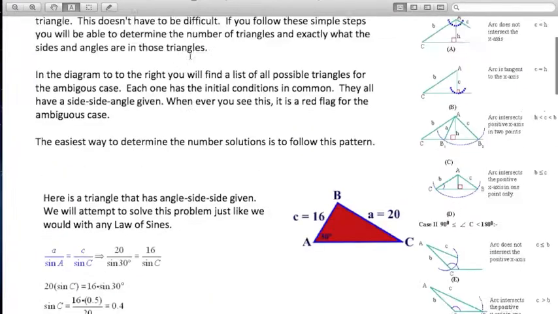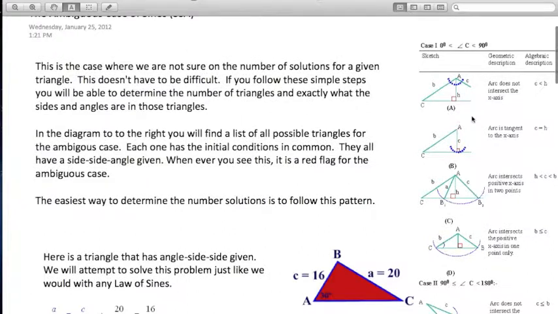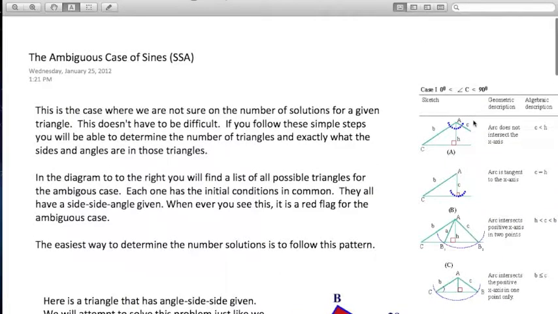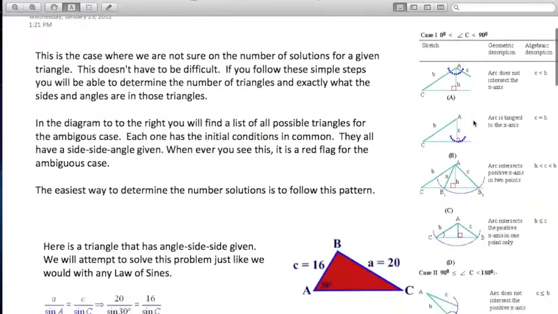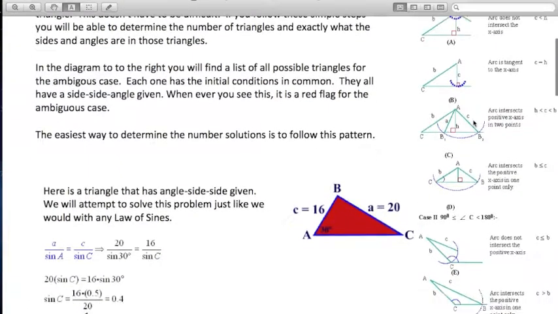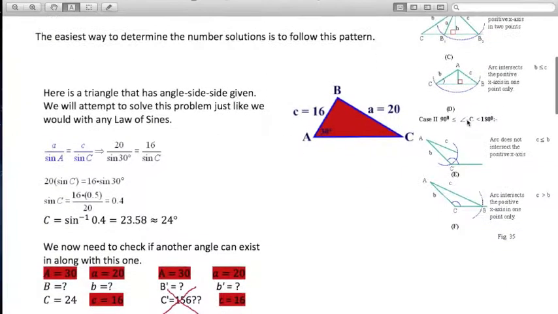Now I've detailed that out over here in this little diagram. I suggest you definitely review that. Not that you have to know all the different details, but that's what it is. Let me call your attention to case 2. I'm not really going to discuss case 2 because it's not really ambiguous.